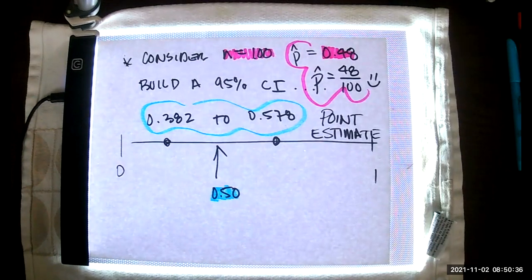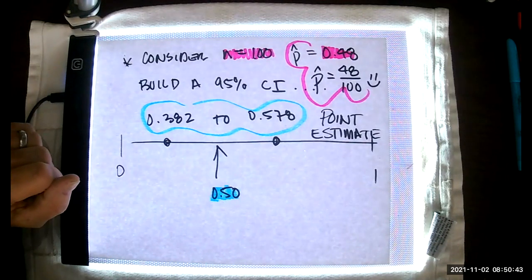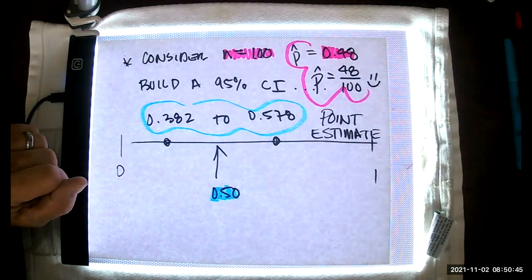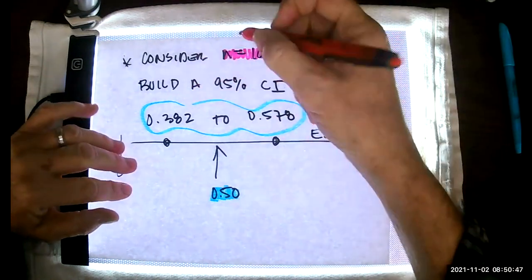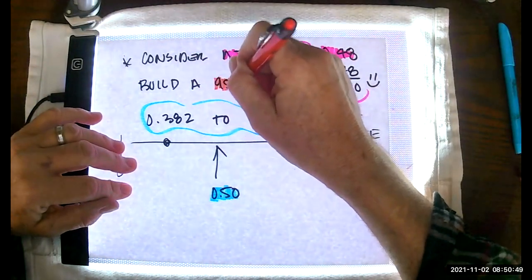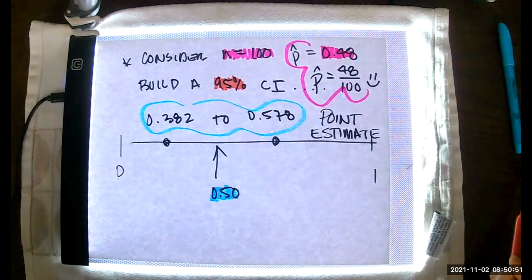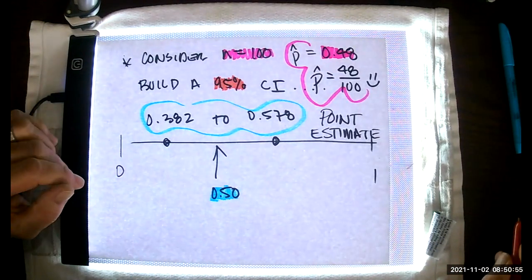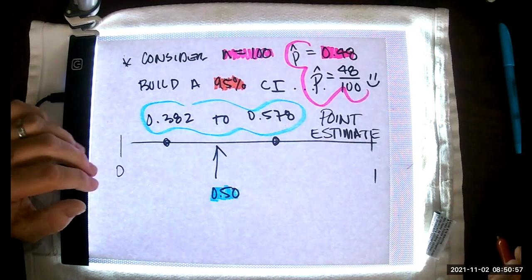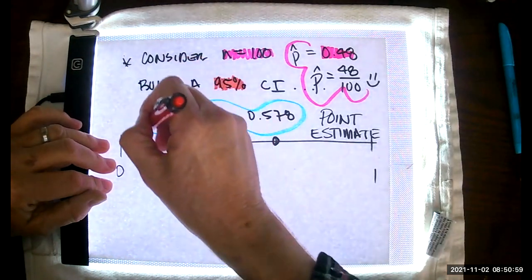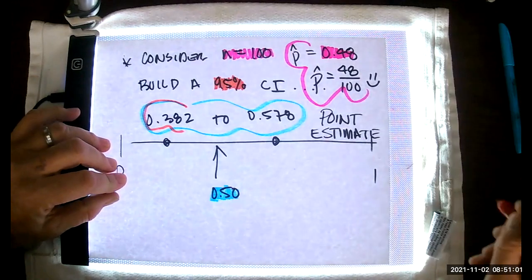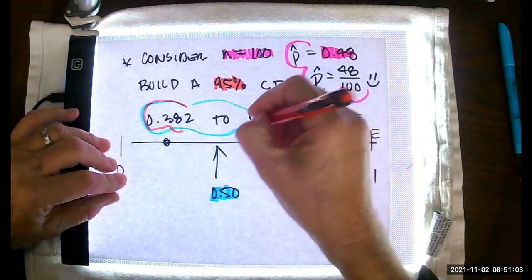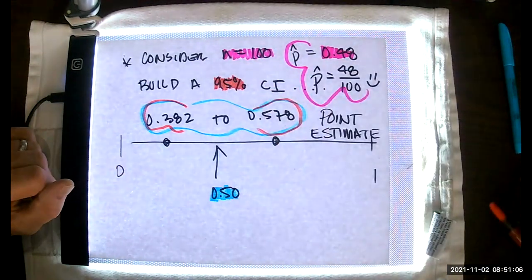Now, using the process I'm going to explain in a few moments, we develop a confidence interval. In this case, it's the 95% confidence interval. And that 95% confidence interval says that the true population proportion for the number of heads when we flip is somewhere between 0.382 and 0.578.